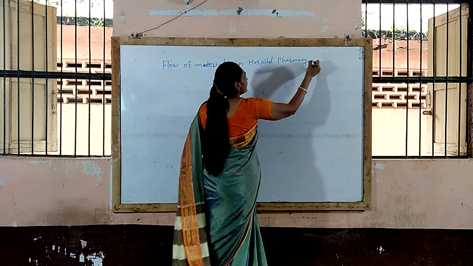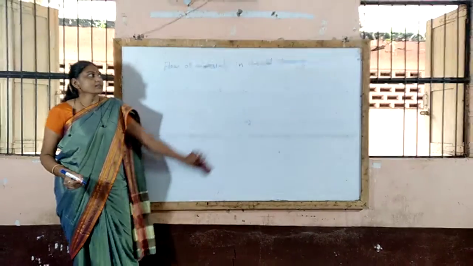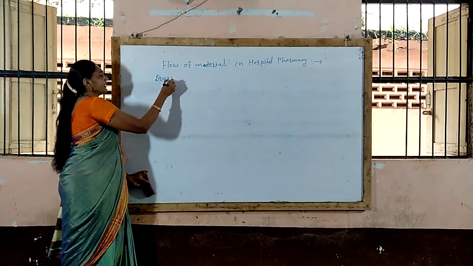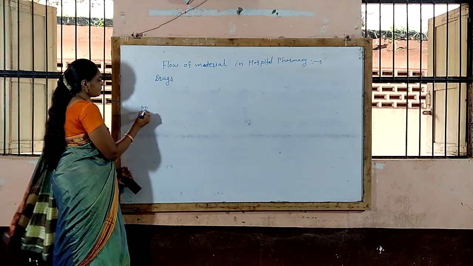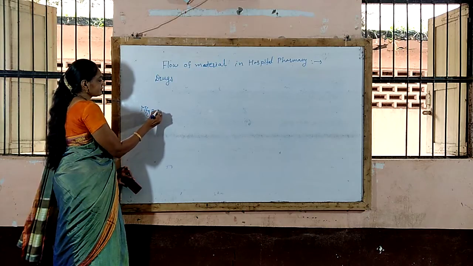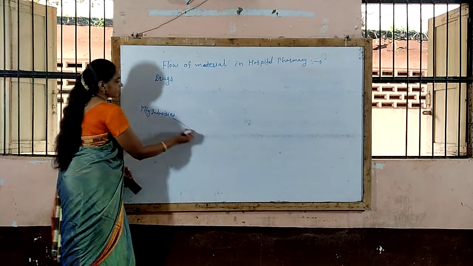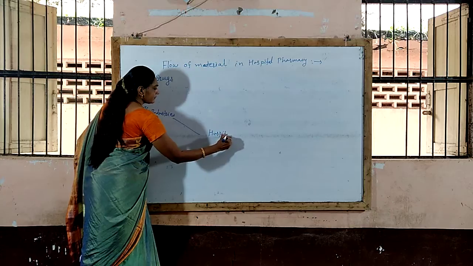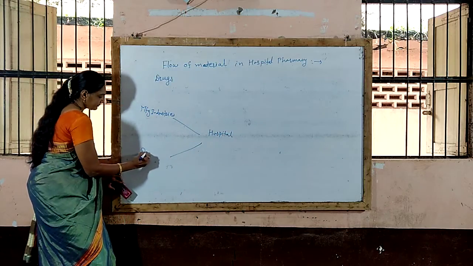The material that comes inside the pharmacy is drugs. Drugs are obtained from manufacturing industries directly to the hospital, or they may come from a distributor.